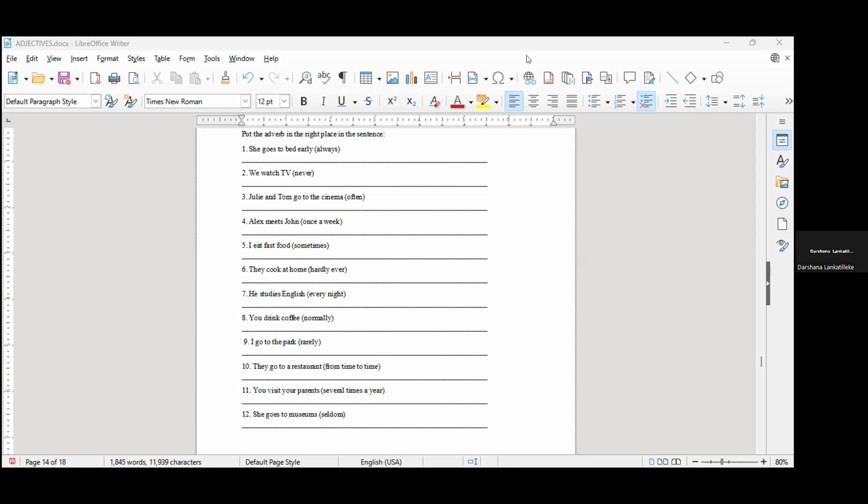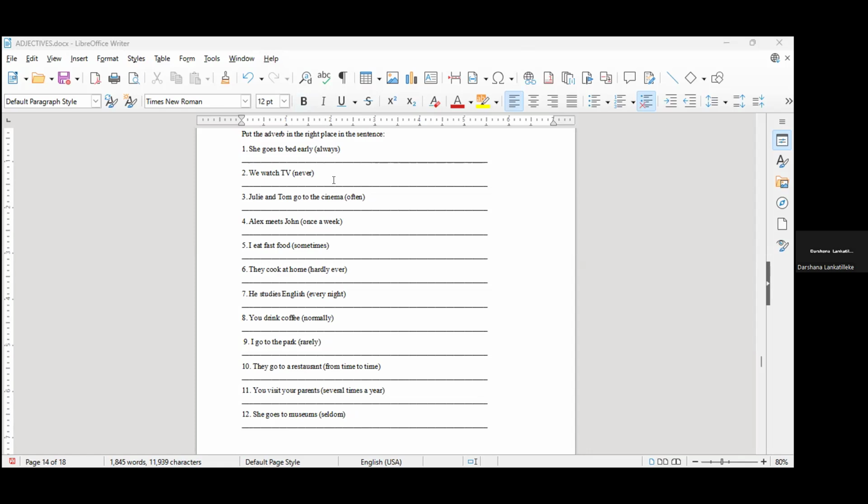Okay, we'll discuss the answers here because you have another task there, right? Put the adverb. Now see, number one, she goes to bed early, right? The adverb is always. It's a frequency adverb.